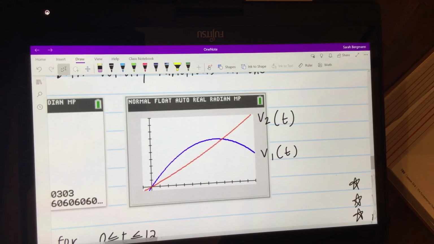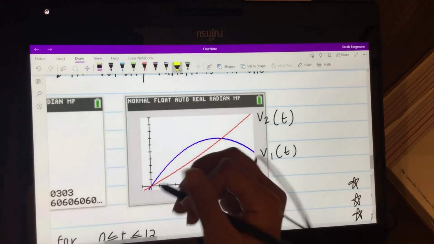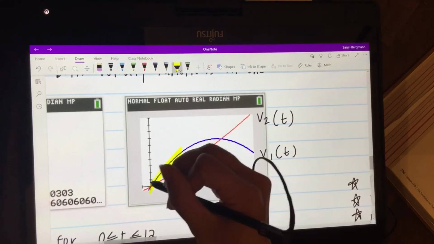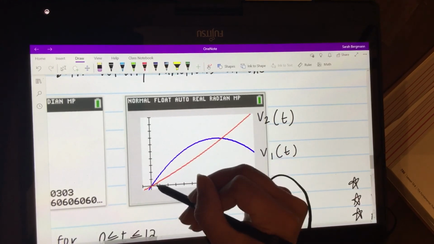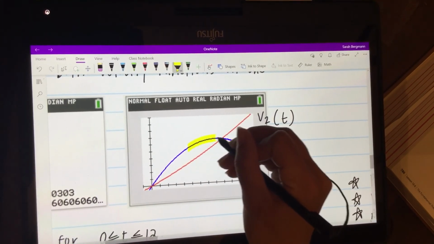The first blue function represents the first velocity function. The second represents the second velocity function, the red. So as you can see, on the blue one, she's starting out with an initial burst of speed. This slope is much more dramatic on the blue curve than it is on the beginning of the red curve. However, on the blue curve, she starts to slow down.